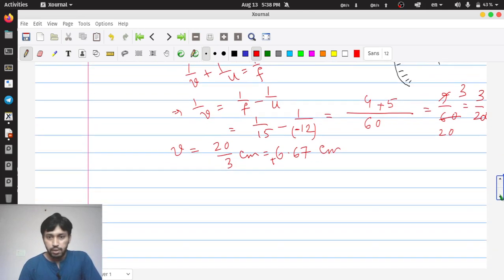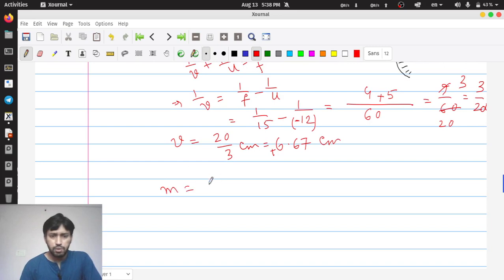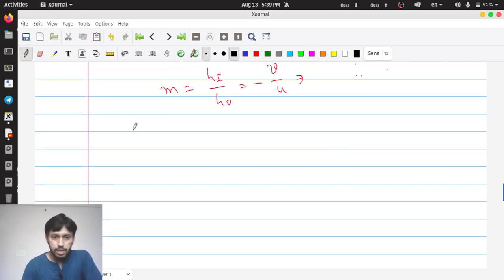Now to calculate the magnification, you know the magnification formula is Hi by Ho equals minus V by U. So the height of the image will be Ho into minus V by U. Ho is given as 2.5, just check it.